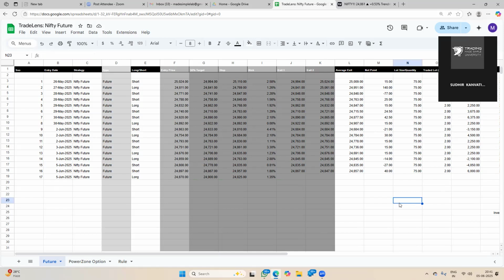If there is a big difference, then you have to check whether the difference is because of your execution or anything wrong in the tracker. If you find that your execution is right and there is something different in the tracker, then you can raise the question. But I guarantee you that the chances are almost zero, because this track record is actually taking the data from our contract list.